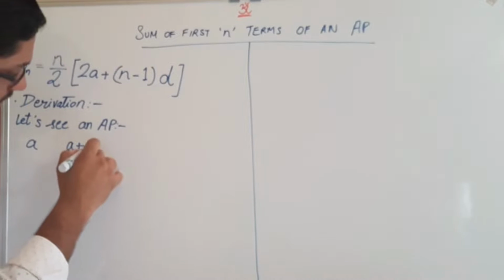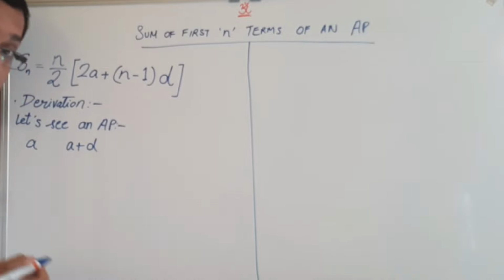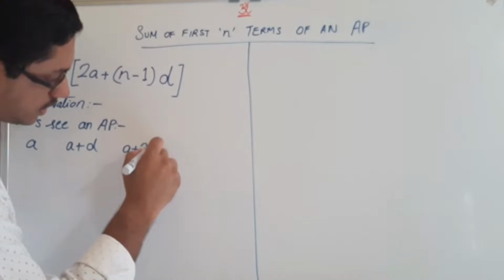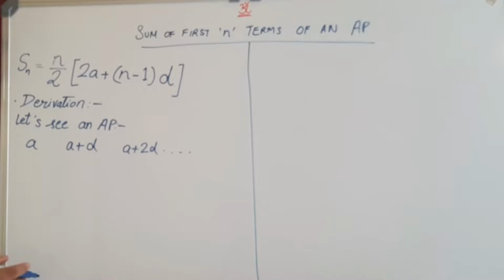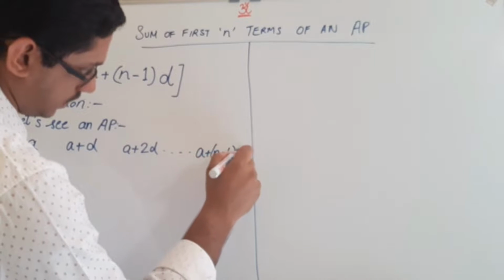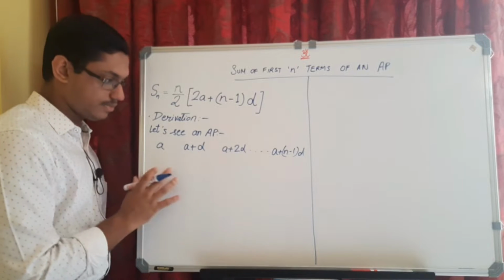This is a plus d, the second term. What is the third term? a plus d or a plus 2d? a plus 2d. Like this we can go on. And what is the final term? Tn. What is Tn? It is a plus (n minus 1) d. This we know. First, second, third, and this is the last term.